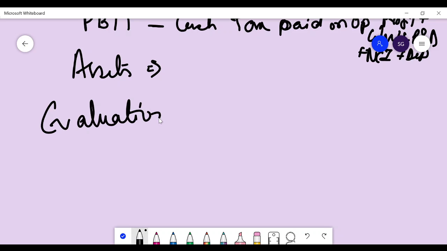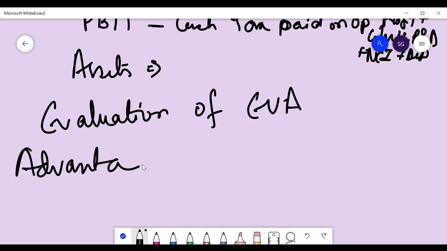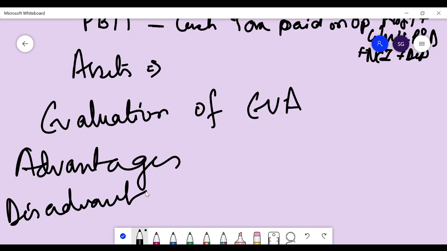Next, we have evaluation of economic value added. Advantages, disadvantages. So, in advantages, we have that it calculates return in line with shareholder expectations.